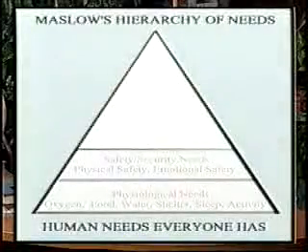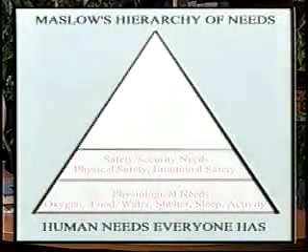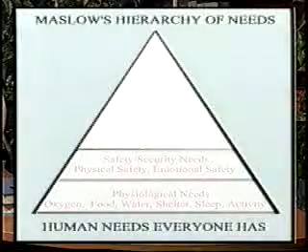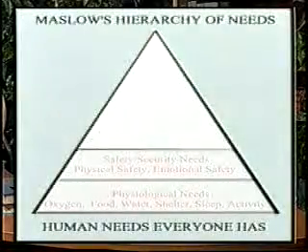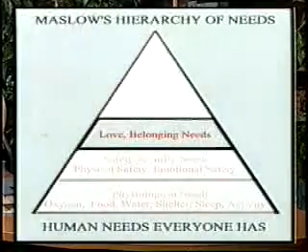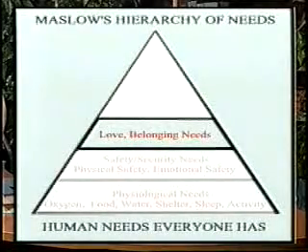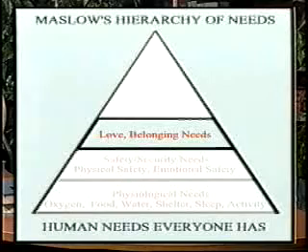Once all of the needs in the safety and security level of the hierarchy have been met, a person can then move up to the next level in the hierarchy and begin to address the needs of belonging and love.